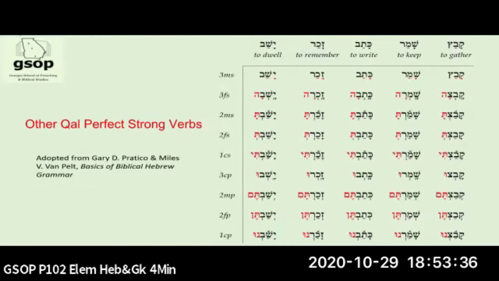And so you'd have what's called a closed unaccented syllable. And normally, a closed unaccented syllable is where that qamets chatuf goes. That qamets would make it an O sound. To tell us that it's not a qamets chatuf, they put that little vertical line. That's a long explanation to say that's the A sound, not the O sound.